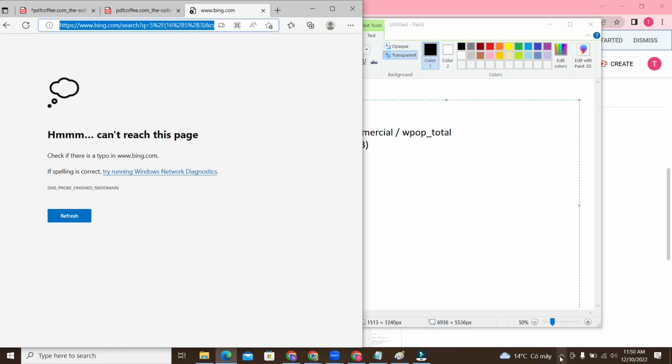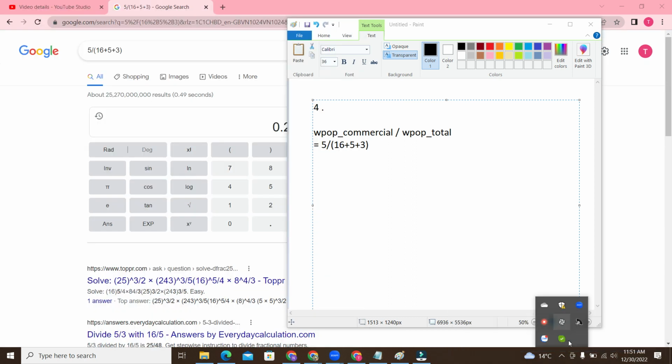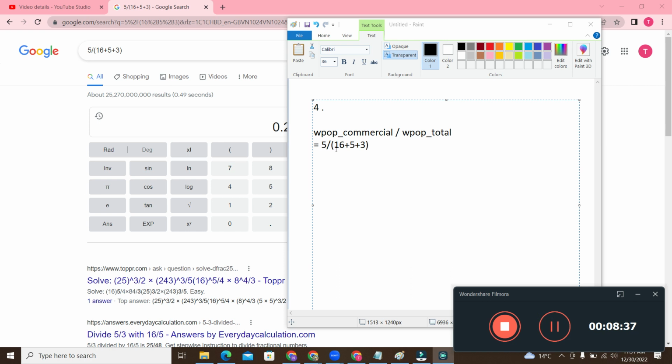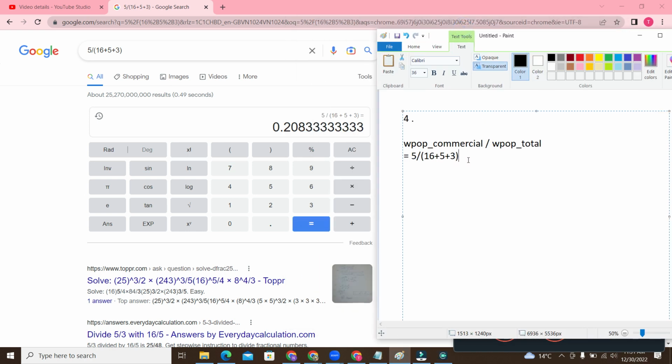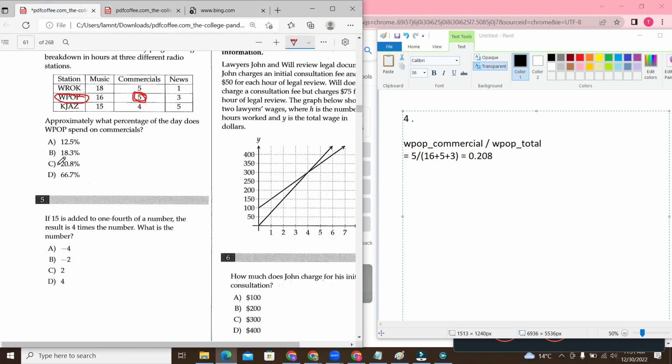Let me use Google. This fraction comes out to around 0.208, which is approximately 20.8%, because you multiply by 100. So the answer is C.